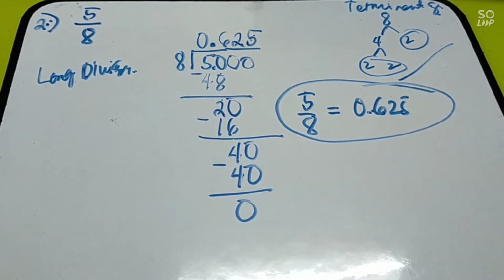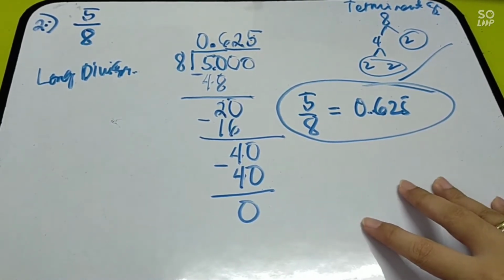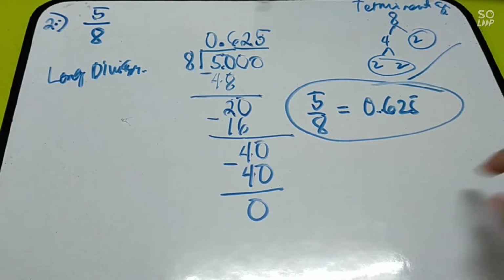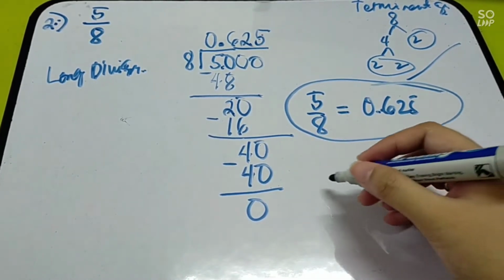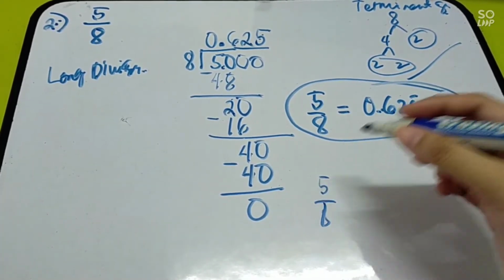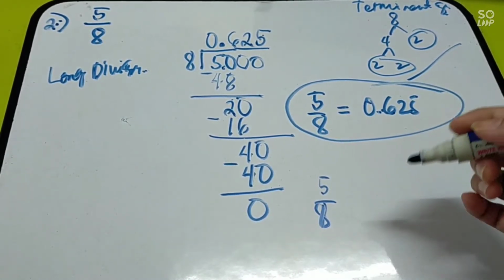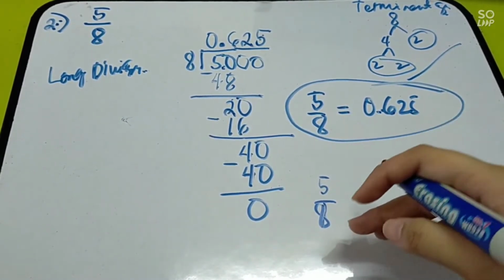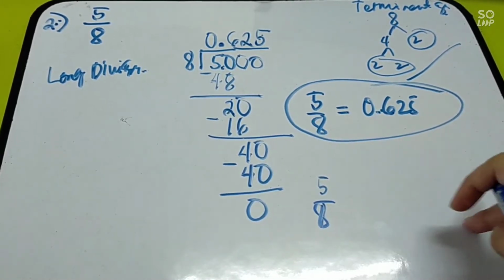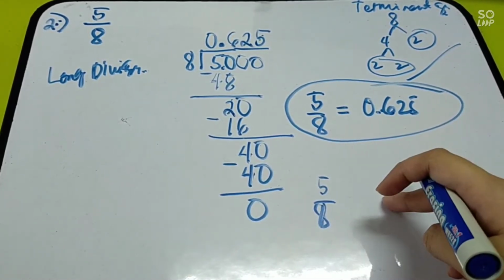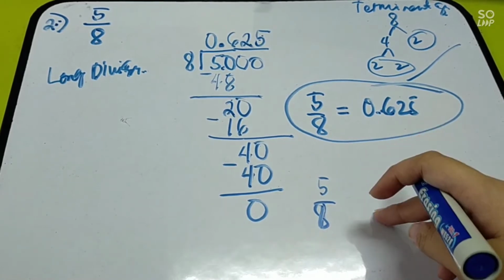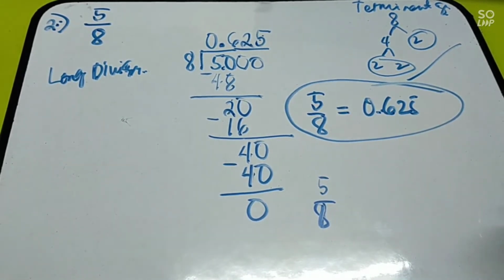So, ma'am po, pwede po ba dito yung ginamit natin kanina? Okay, so dito, kay 5 over 8, kung magtiting ka ng number na imumultiply mo kay 8 para siya ay maging 100, hindi mo pwede, kasi wala. So, hindi ka po pwedeng makapag-multiply kay 100. So, kanino? Kay 1,000 ka ngayon titink ng number.